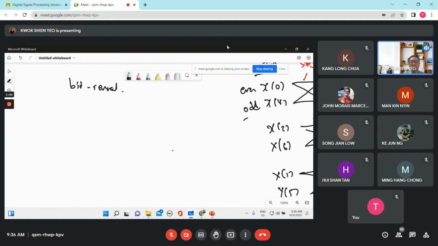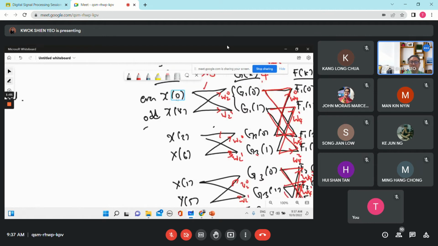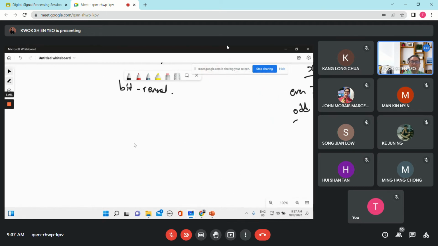So how do we quickly arrange this xn, right? How do I know the sequence? How do I know it should start from 0, then the next one is 4, and the third one is 2, 6? So it is like this lah.